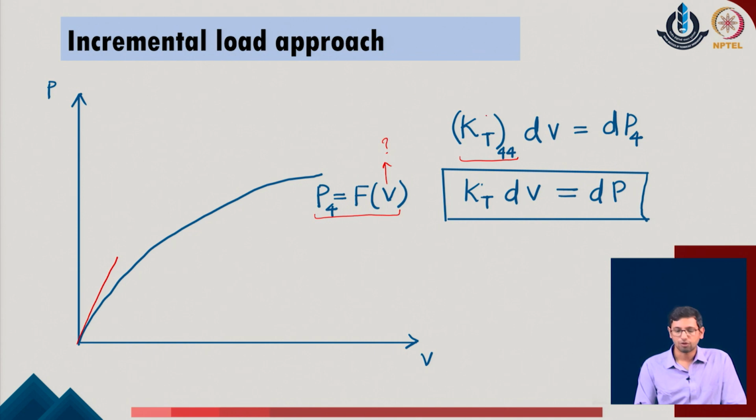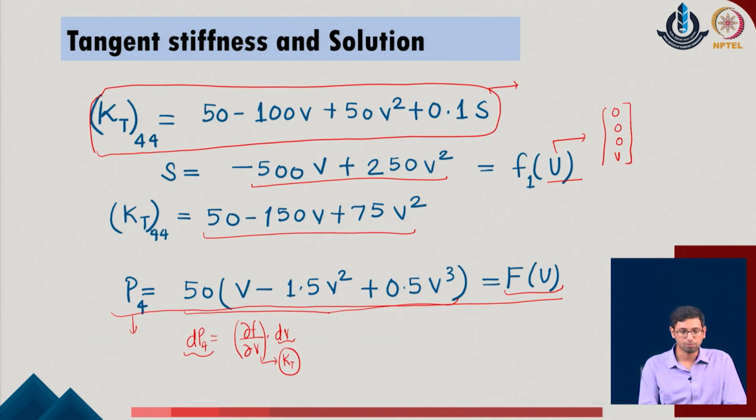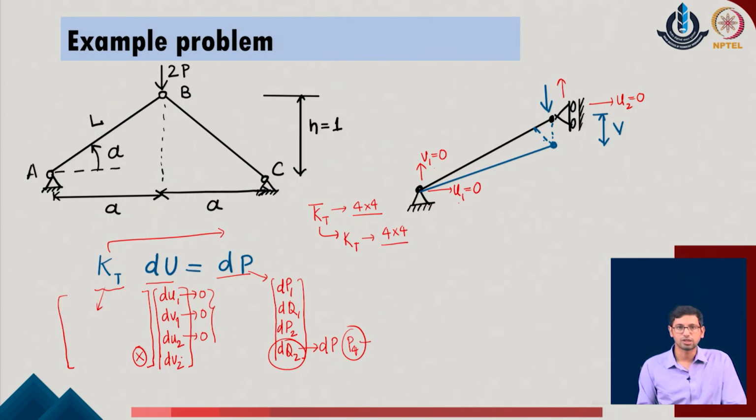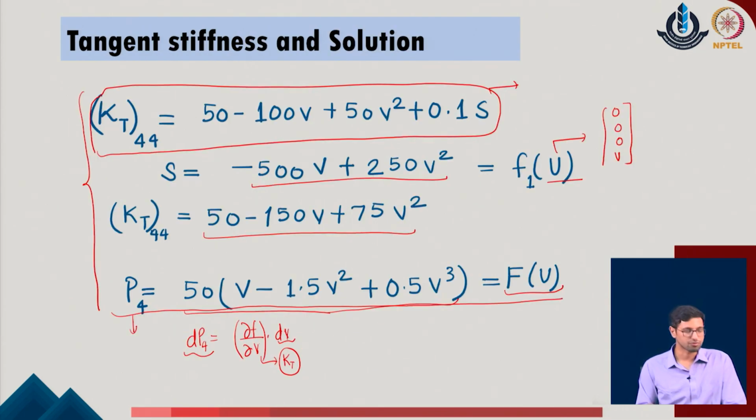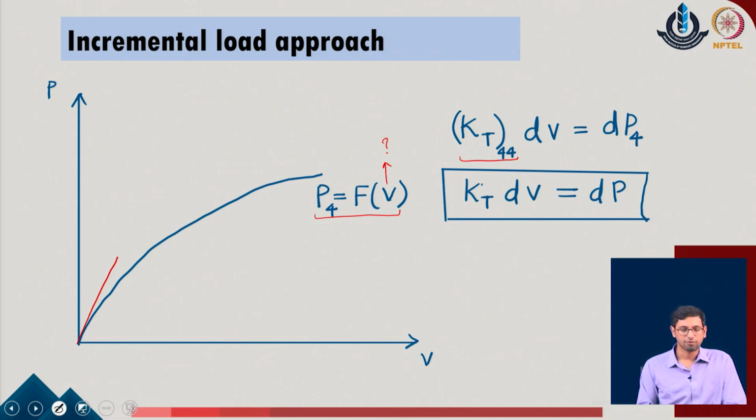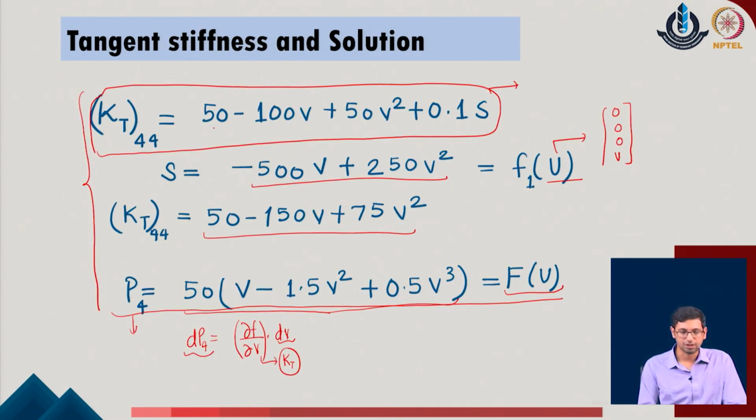Instead of taking the generalized case, in which we describe the system with respect to these 4 degrees of freedom as we initially started with, I can now consider one simple problem in which we consider k of t as a tangent stiffness. This is the tangent stiffness which we are interested to define. We are looking for one possible displacement variation, and V is that displacement variation in the given problem. We have one force condition in the given problem, and that is the P of 4 in the force.